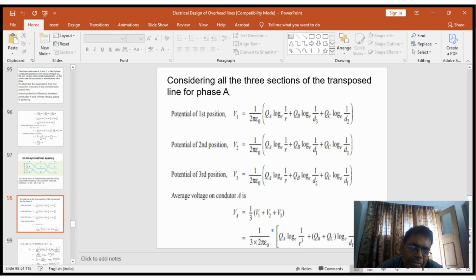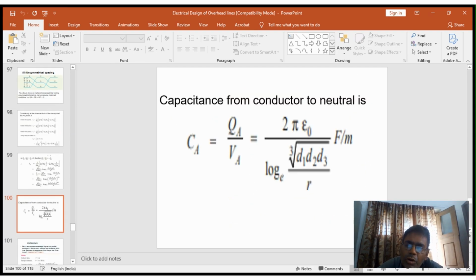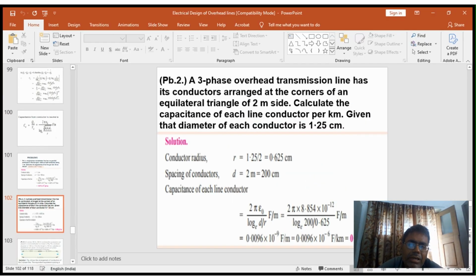Then simplify. The average potential of conductor A is one third of the sum of V1, V2 and V3. Then substituting here, we get Ca is equal to 2 pi epsilon naught divided by log of the cube root of D1 D2 D3 divided by r. That is the capacitance of a three-phase unsymmetrical line.